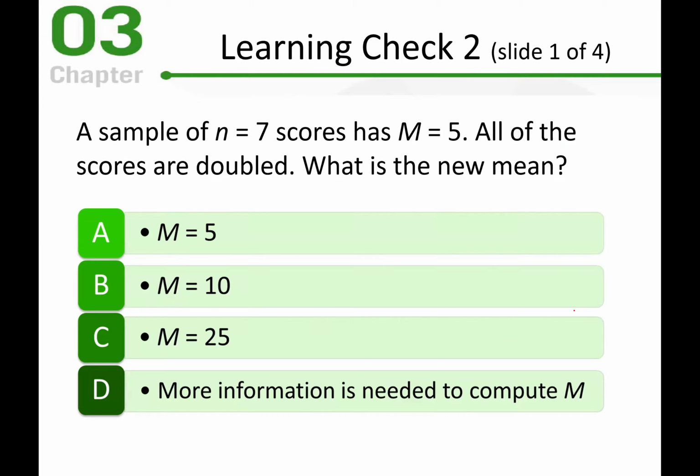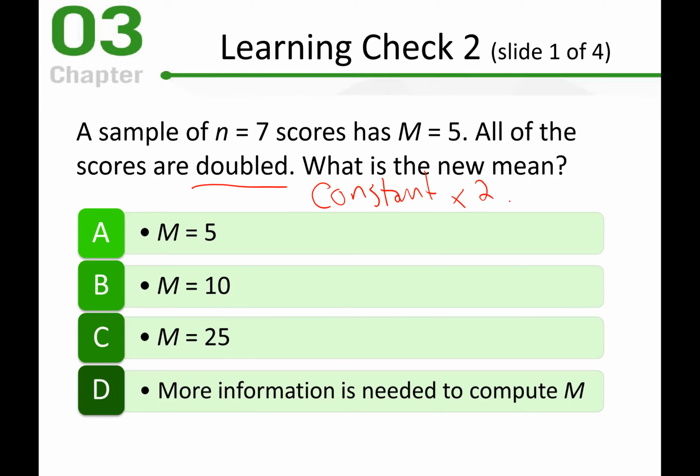Let's go to another learning check. This time we have a sample size of 7 scores, and the sample mean is 5. If all of these scores are doubled, what is the new mean? Well, if all the scores are doubled, then that means it is a constant of times 2. And what have we learned?